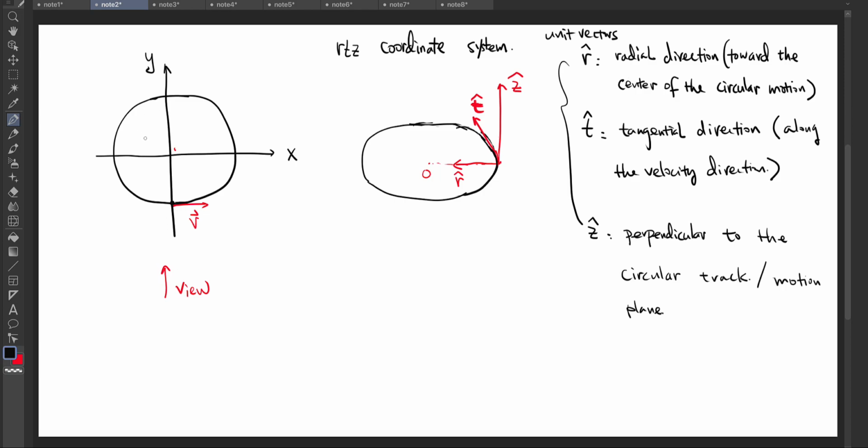However, in that case, you will need to discuss ax and ay, and they are both always changing with the position of the object, and it's not very convenient. So you can still do this, but the point is that it's not convenient.